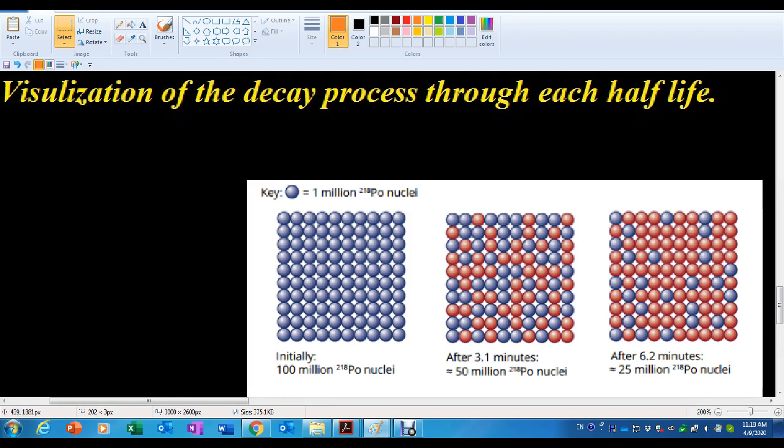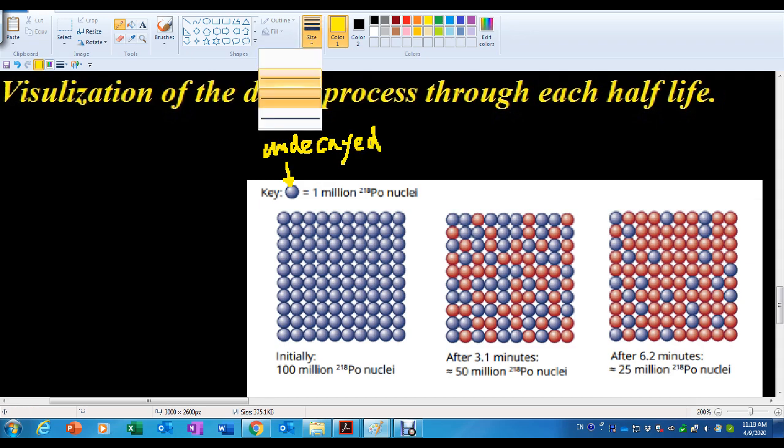The blue nuclei are what we call undecayed nuclei. And the red ones are decayed.